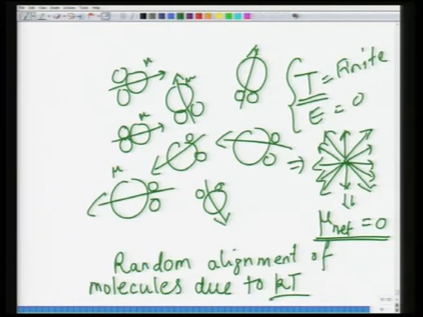In the absence of any electric field and at a finite enough temperature, all these water molecules are randomly located with respect to each other, and this randomization assisted by the thermal energy leads to a picture in which all the dipole moments are randomly distributed. As a result, mu net is equal to 0.